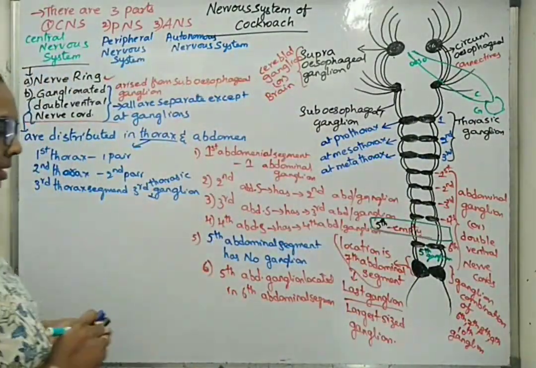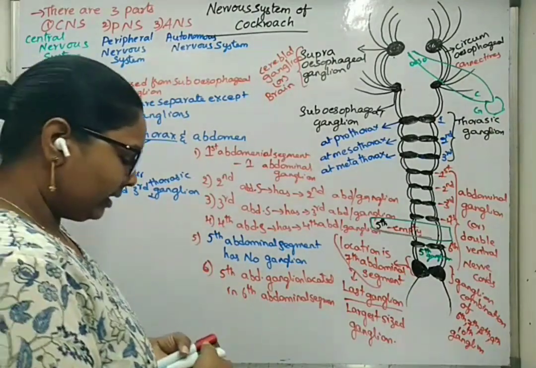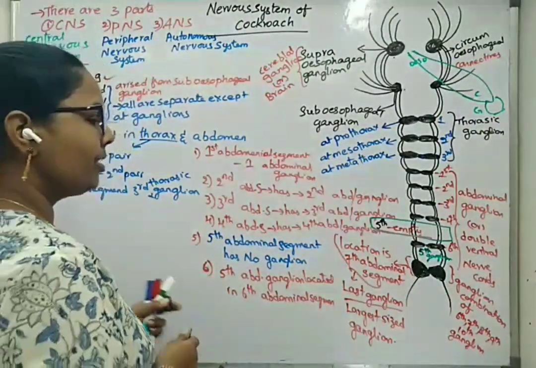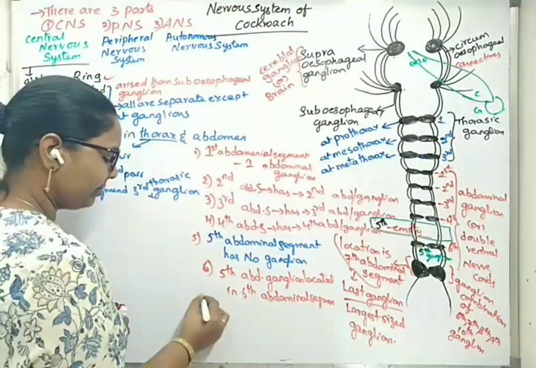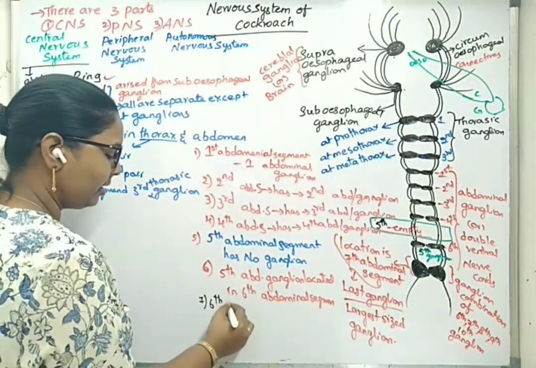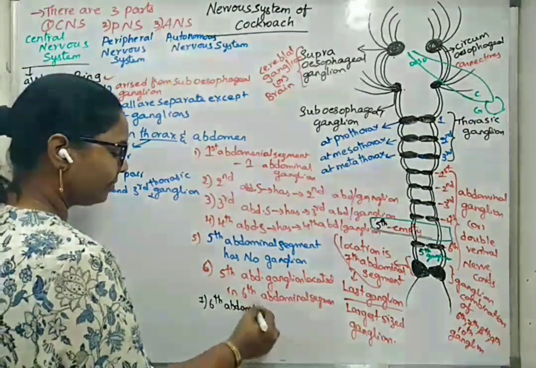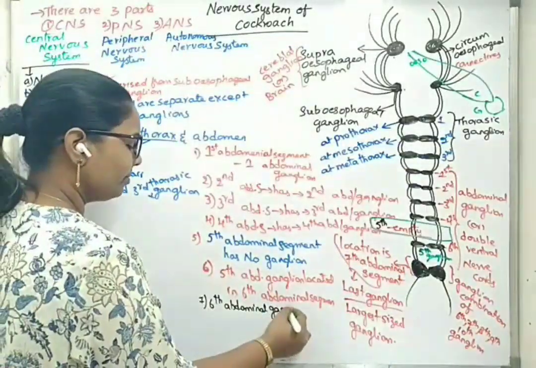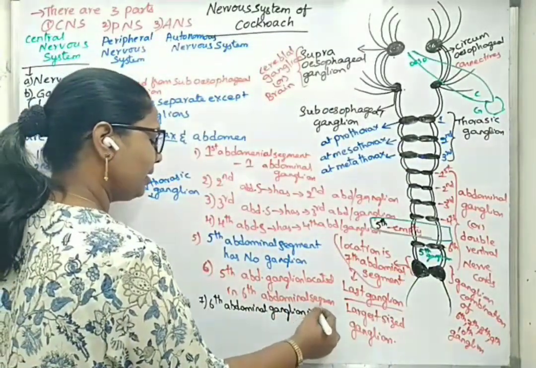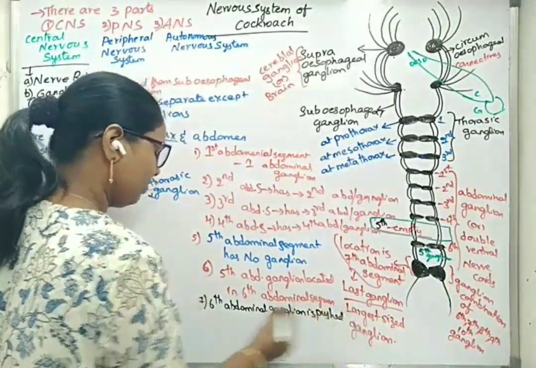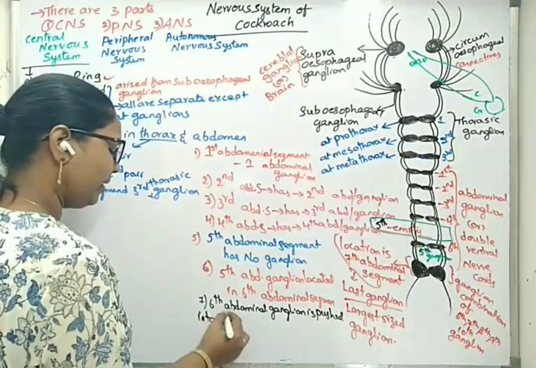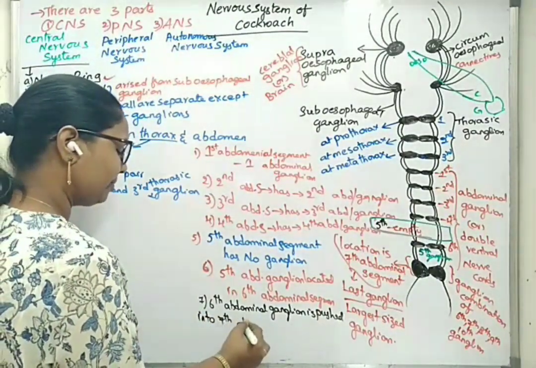Now, the sixth ganglion is pushed into the seventh abdominal segment.